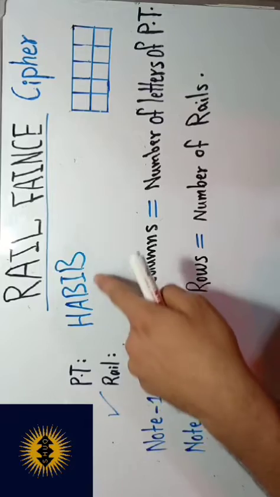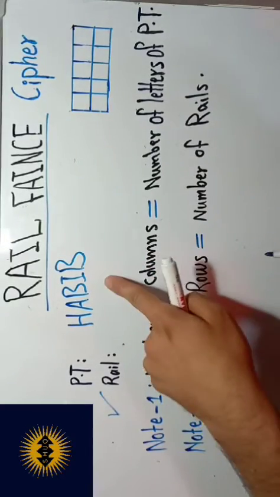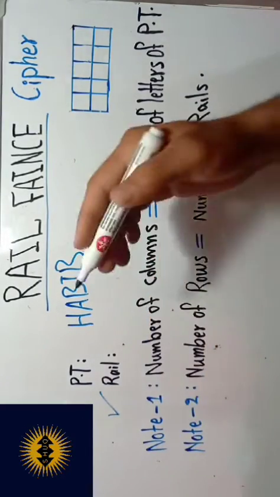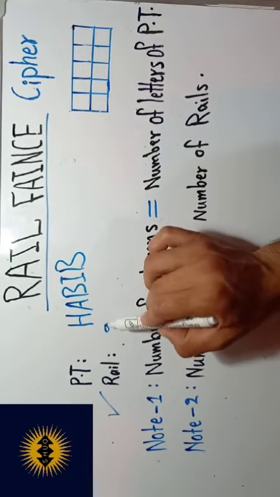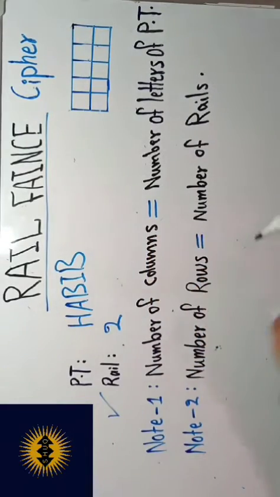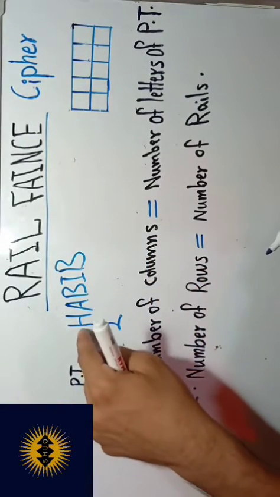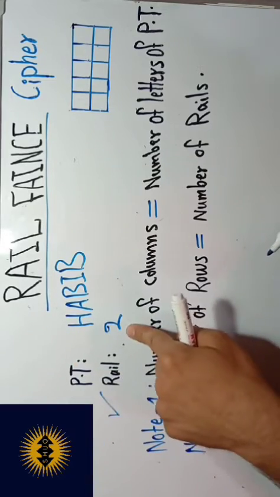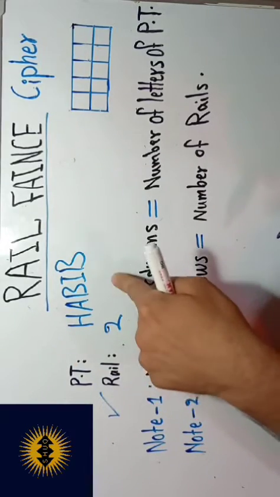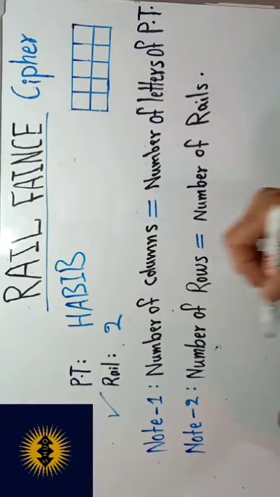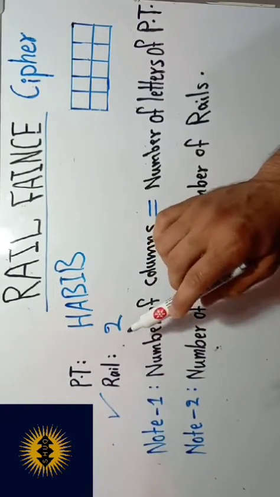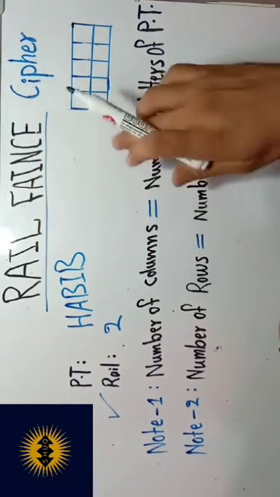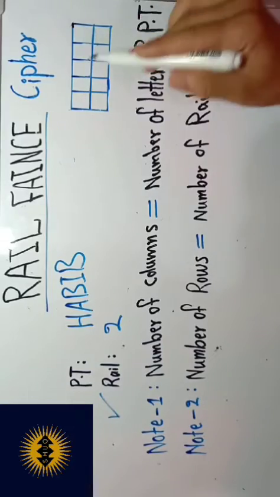This is our plaintext, and the size of our rail, or the number of rails, is 2. So this is our plaintext and this is our rail, or the number of rows. For doing encryption, first of all we have to draw a diagram.